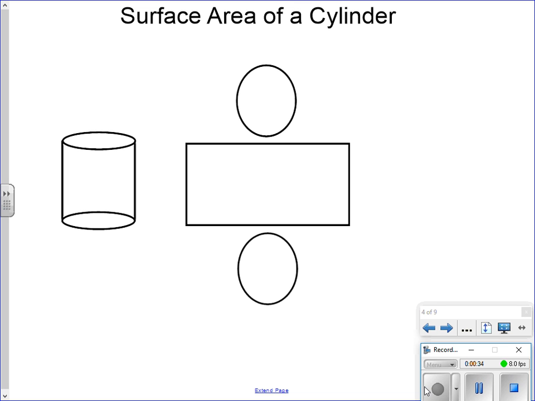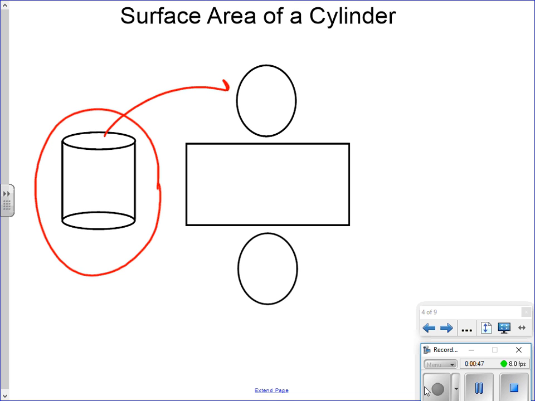We are still talking about surface area, so we've taken a three-dimensional shape, which is a cylinder, and we flattened it out to make a circle, which would be the top and the bottom. So that part would be there. If you were looking straight down on it, that would be the exact same size circle there.